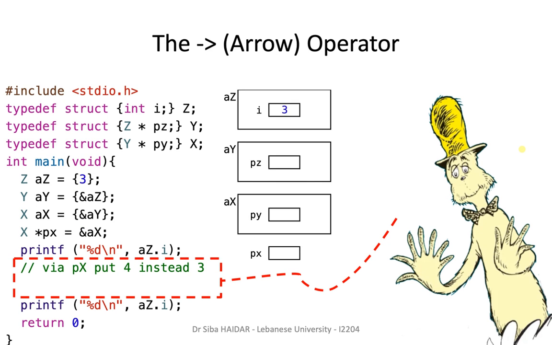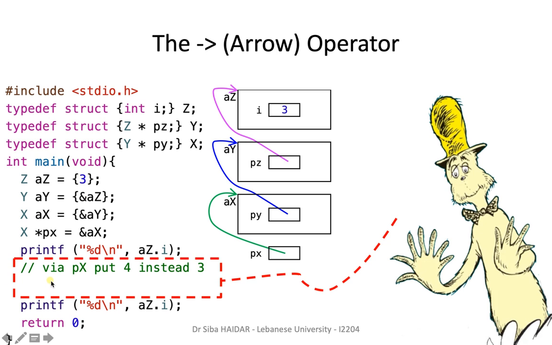Consider this advanced example which introduced the next chapter, in which we have a variable px of base type x star, and that points to the variable ax, which happens to be of type x, of course, which has one field inside it named py, and this field has the address of ay variable, and ay variable has one field also called pz and happens to address the az variable.